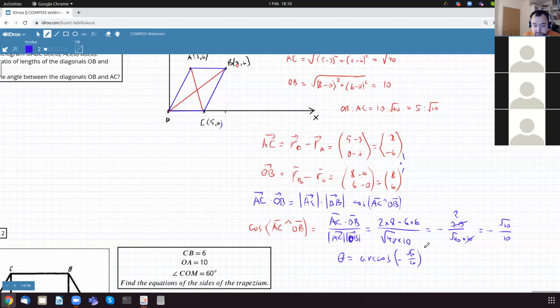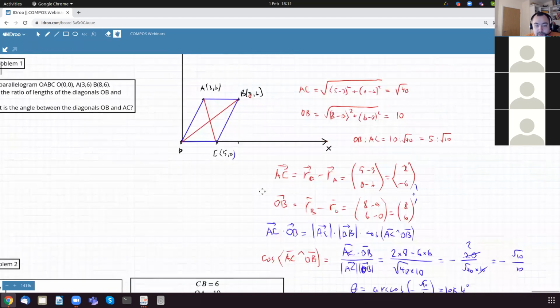If it's a math question, arccos of minus square root of 10 over 10 is a valid answer. Although I will calculate, and it's 108.4 degrees. So yeah, fairly straightforward.